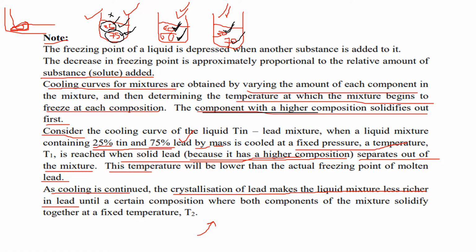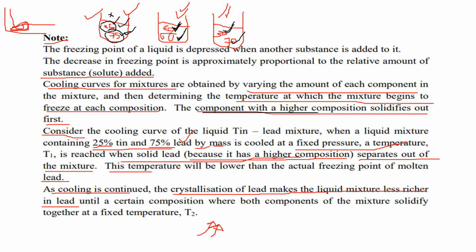The more we cool, the more lead leaves in the form of crystals. But tin remains with its composition the same because it's not crystallizing out. It's only the one with the highest composition that is crystallizing out.